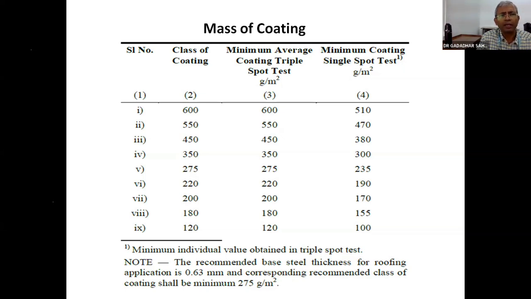There should be a way that this white rust does not form. And this is again related to corrosion. Why are we providing galvanized sheet? It works as a sacrificial anode in comparison to the steel. The steel doesn't get corroded, but the zinc gets corroded and the steel gets saved.